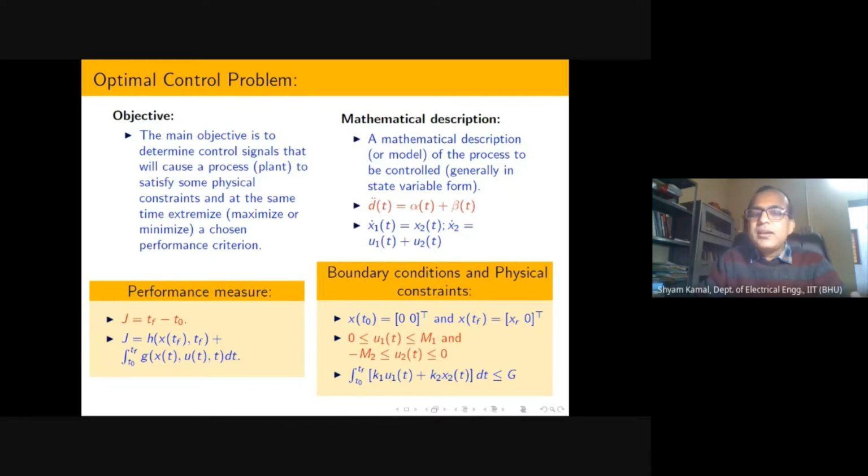A state means that if I know the initial quantity and the mathematical model, then I can talk about the future evolution of the physical variable. So uniquely I can predict the future if I know the initial condition and the mathematical model of the system. That is the meaning of a state.